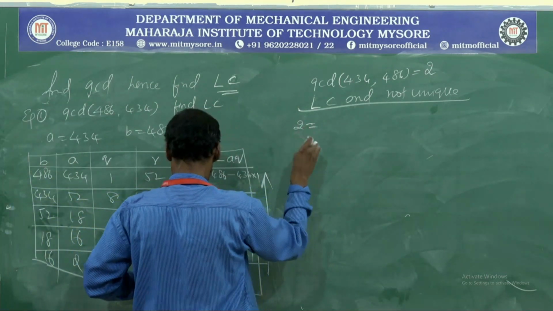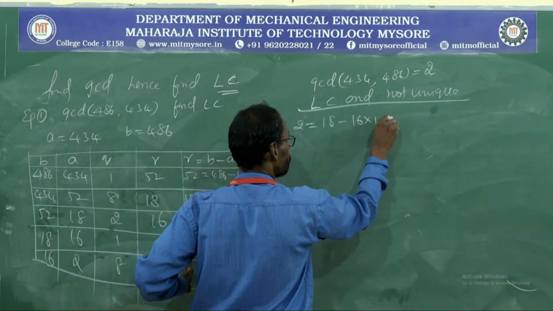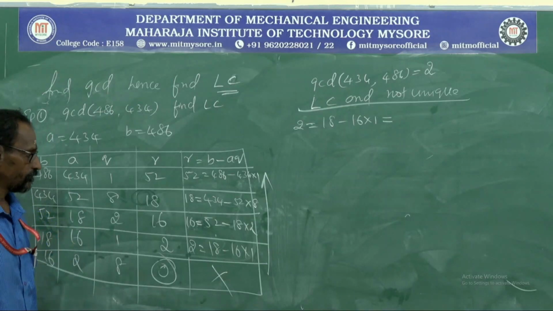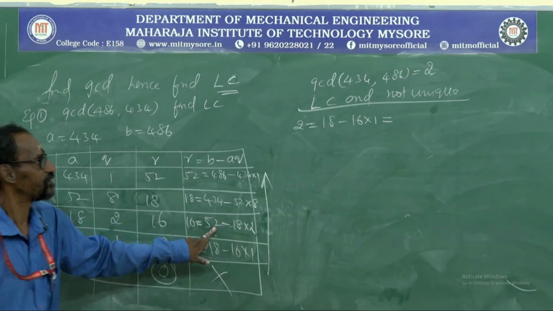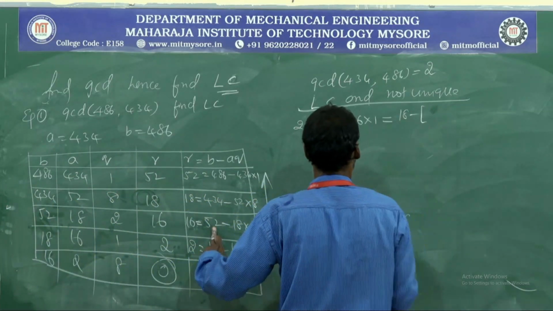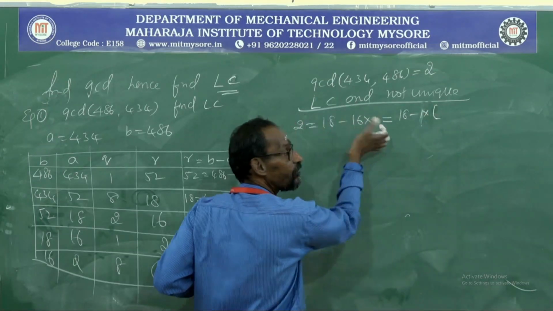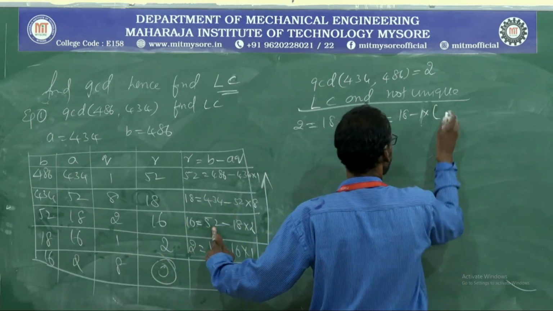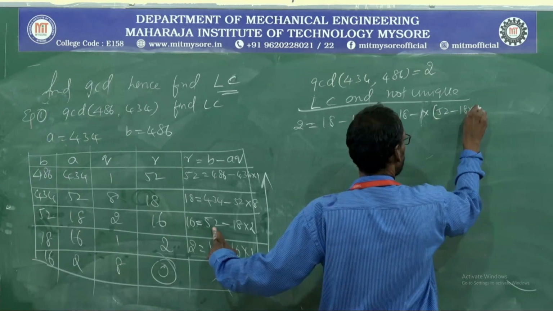Carefully listen now: 2 equal to 18 minus 16 into 1. Now go to the next level and replace 16 by this value: 18 minus 1 into 16, where 16 can be written as 52 minus 18 into 2.